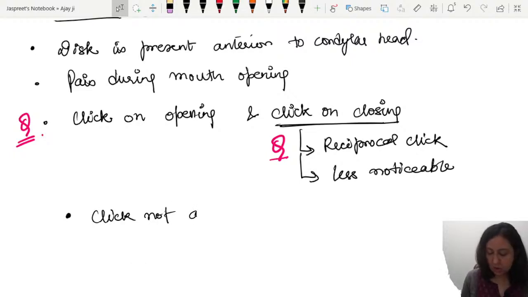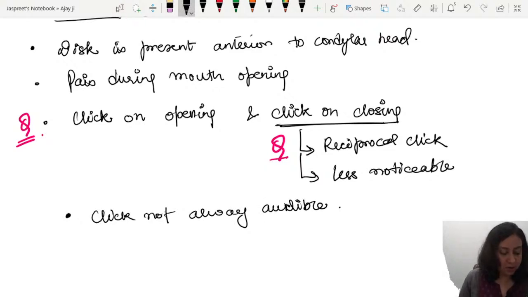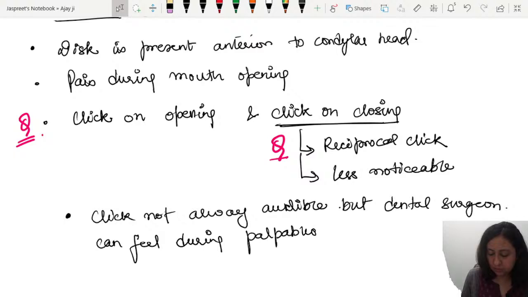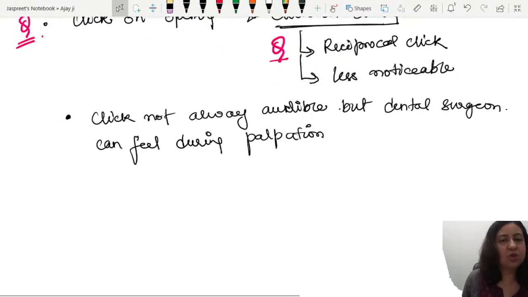Click is not always audible. But the dental surgeon can feel it during palpation. The patient will say, I don't hear any sound, I have no click on opening or closing, but when the clinician palpates or examines the patient, he might be able to palpate the click during TMJ examination.